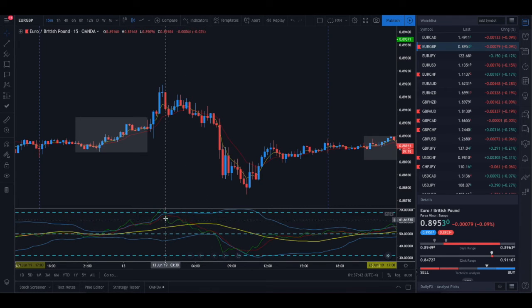In this example, as long as the green is staying below the red signal line and it's not crossing over it again, you're good. So no need to worry, because this can help you essentially stay in the trade and not get out too early when you could have caught the entire move, right?